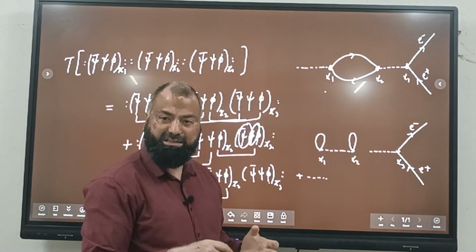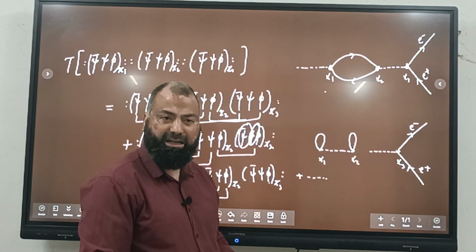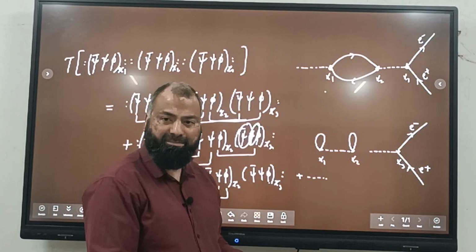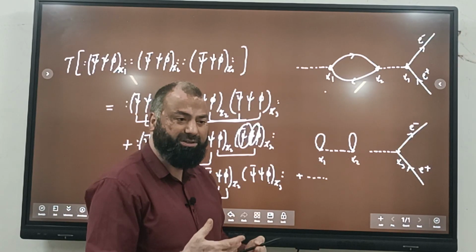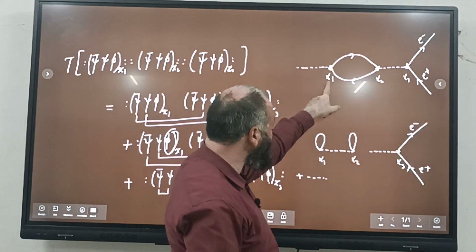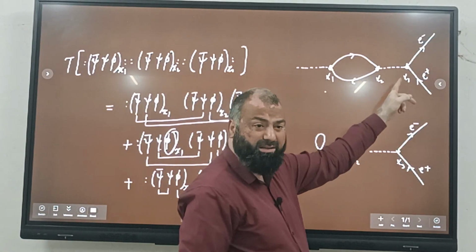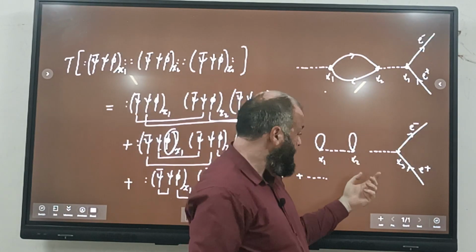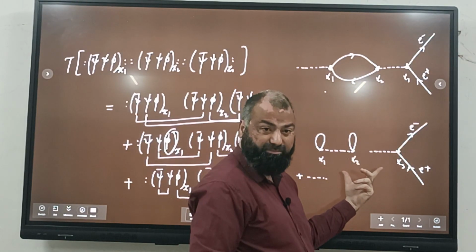When we calculate, let's say, a scattering cross section or the decay rate or any physical observable, these disconnected diagrams do not contribute. This is a connected diagram: all the parts of the diagram are connected. But here all the parts are not connected.